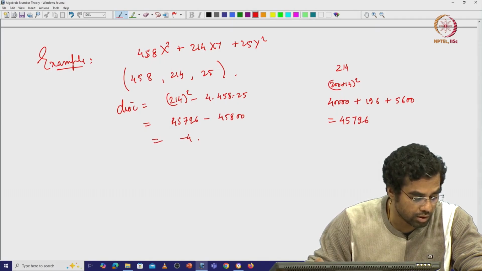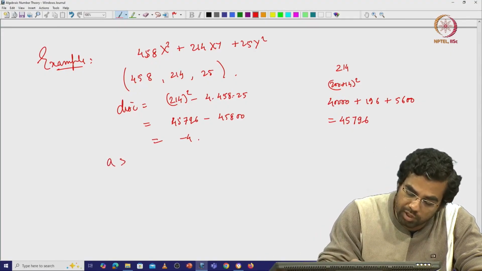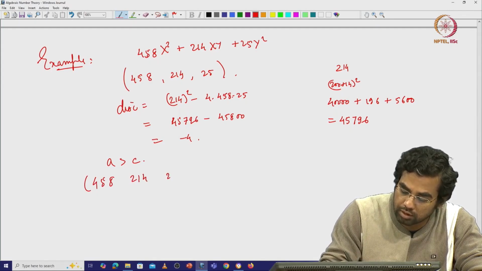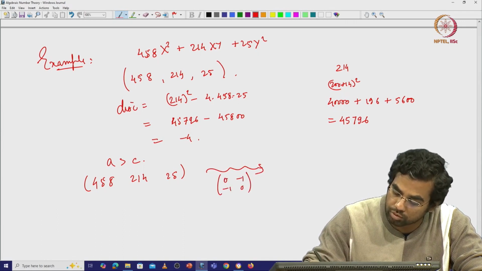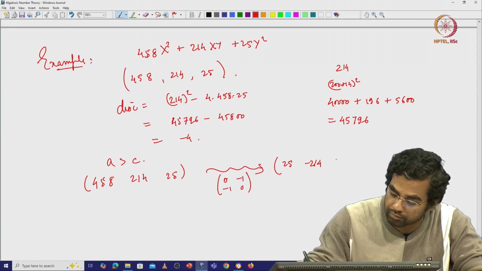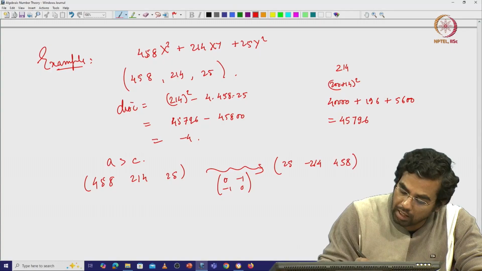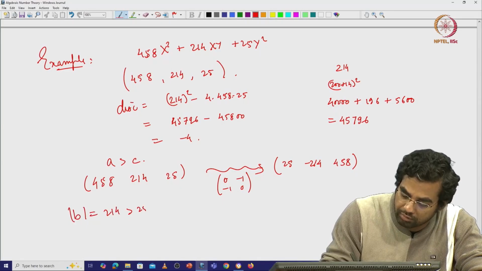Here A is bigger than C, right. So, we replace this. So, (458, 214, 25) is equivalent, by using (0, -1; -1, 0), to (25, -214, 458). But now |B|, which is 214, is bigger than 25.